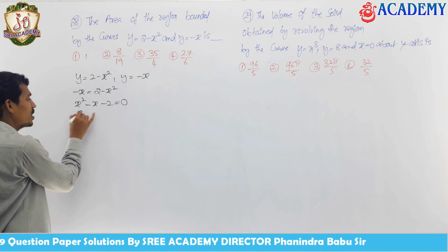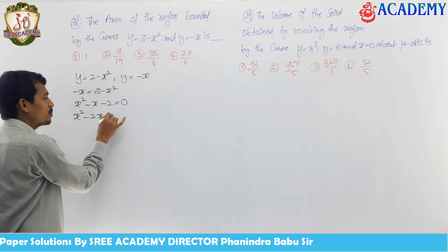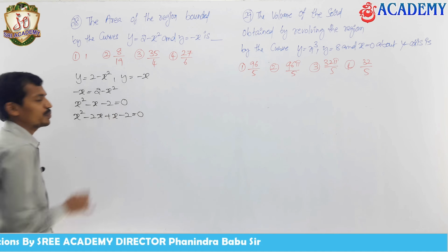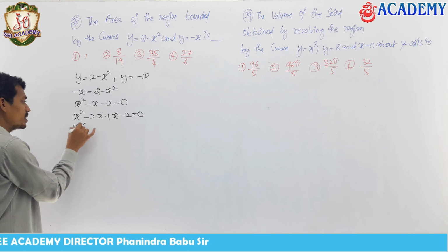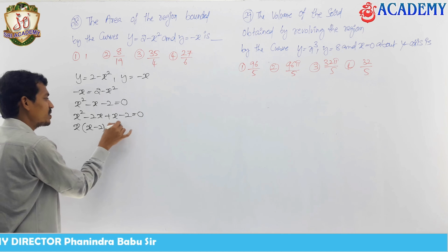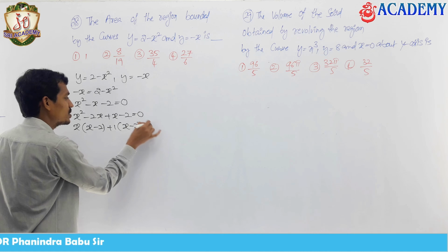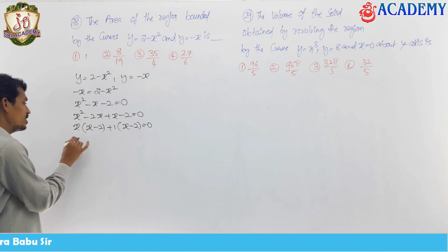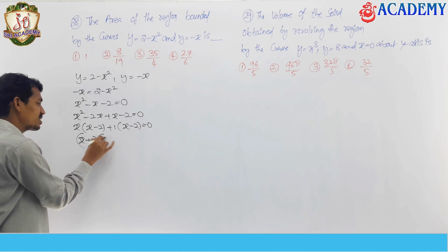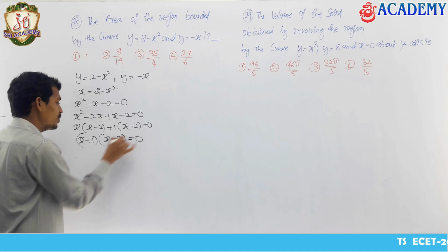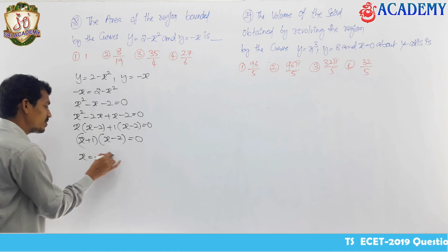That is x square minus 2x plus x minus 2 equal to 0. If I take x common, x minus 2; if I take plus 1 common, x minus 2 equal to 0. Simply factorizing, you are going to get x plus 1 and x minus 2 equal to 0. Now you got x equal to minus 1.